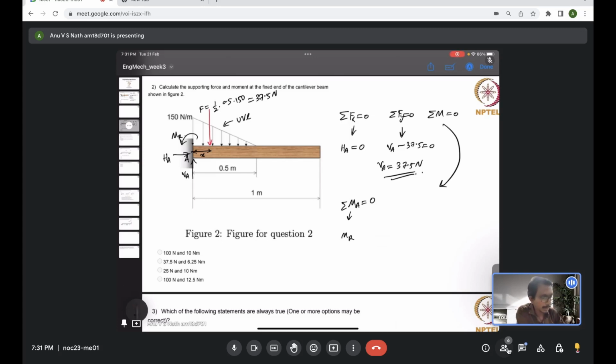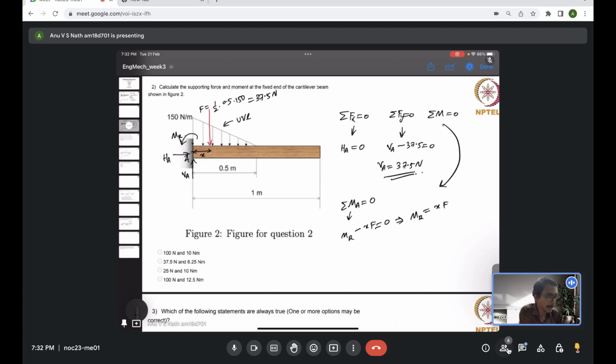That F is supposed to act at a distance x from the fixed end A, which is causing a clockwise moment. So x times F should be balanced to 0. So the reaction moment at the support A should be x times F. Now F we already evaluated, which is 37.5 Newton.